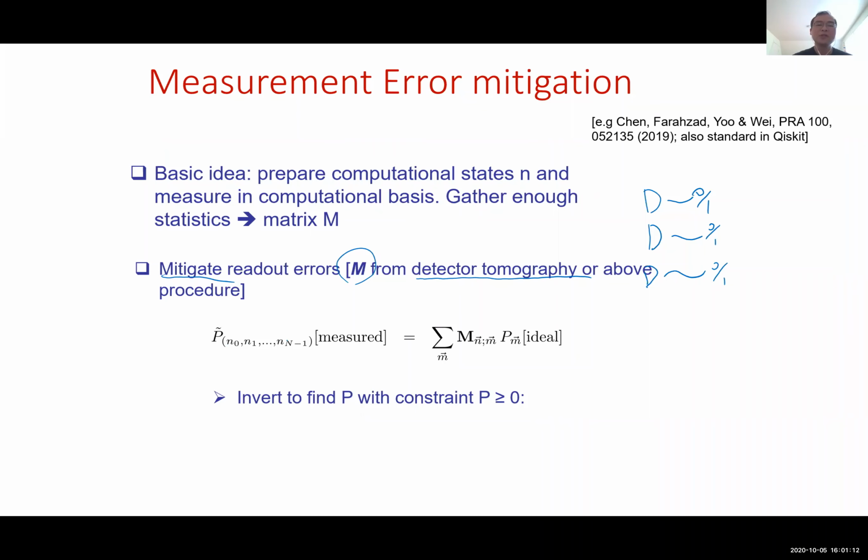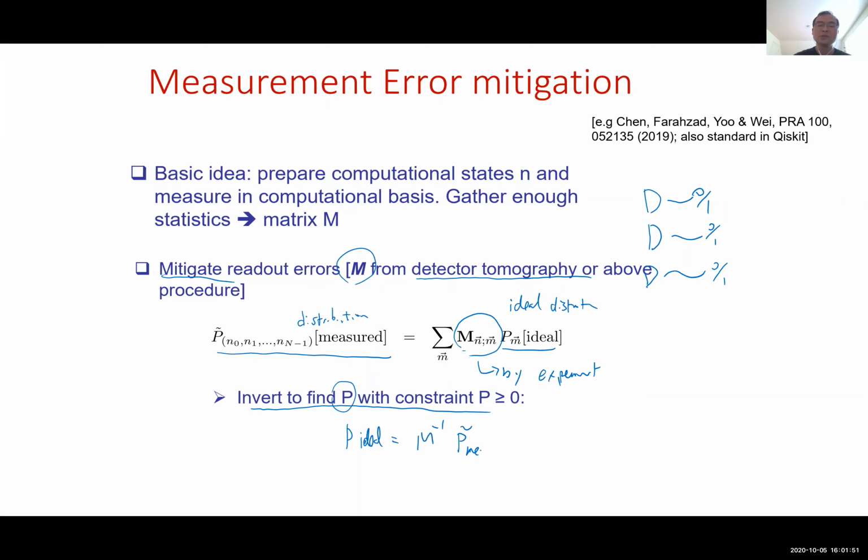That matrix relates the measured distribution to the ideal distribution. This matrix can be characterized by experiment. And then you can invert it to find the ideal distribution P, which is the inverse of the measured one. And that could also improve your outcome.